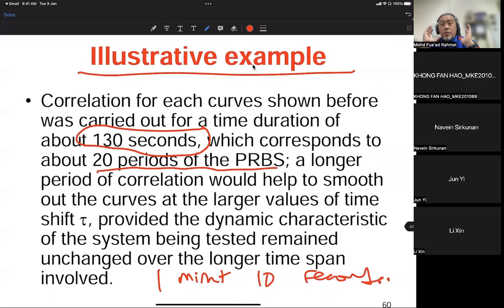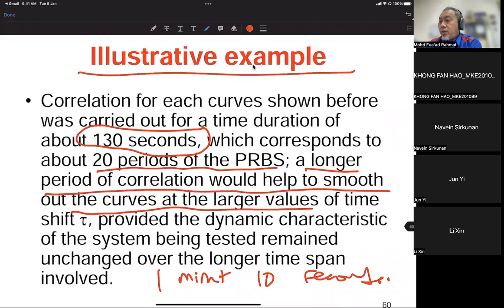So you have one period of PRBS, then you repeat it again, about 20 periods, so that we can get a longer PRBS signal. A longer period of correlation helps to smooth out the curve at the larger values of time shift tau, provided the dynamic characteristics of the system being tested remain unchanged over the longer time span involved.